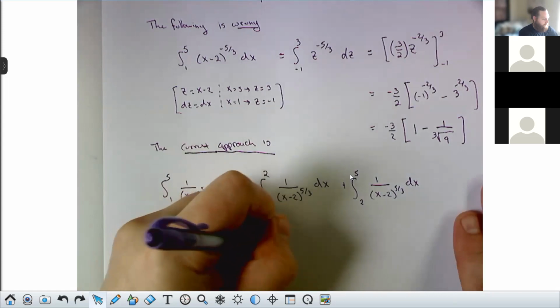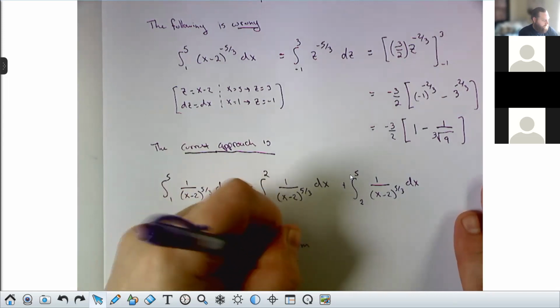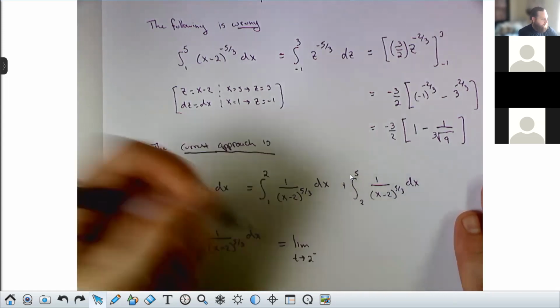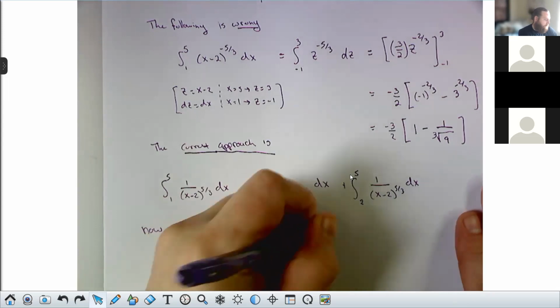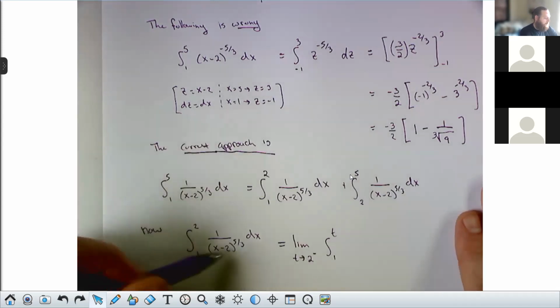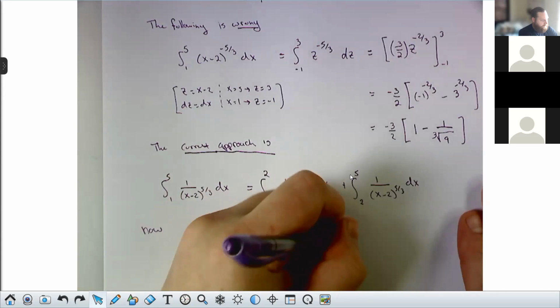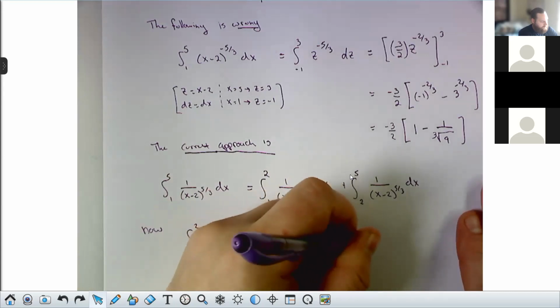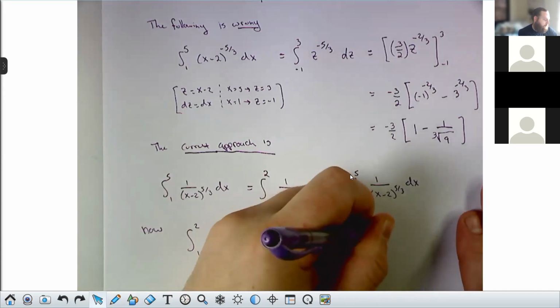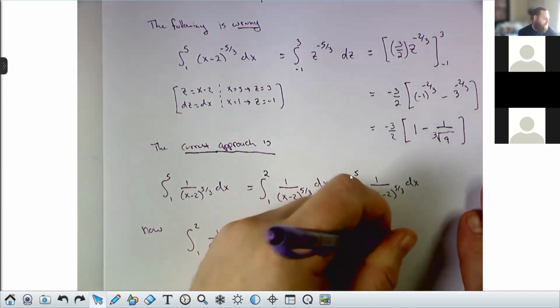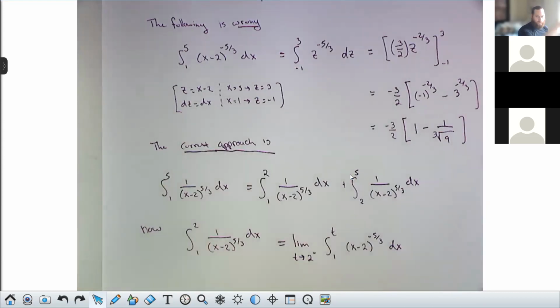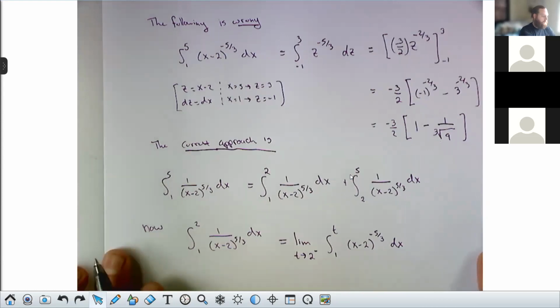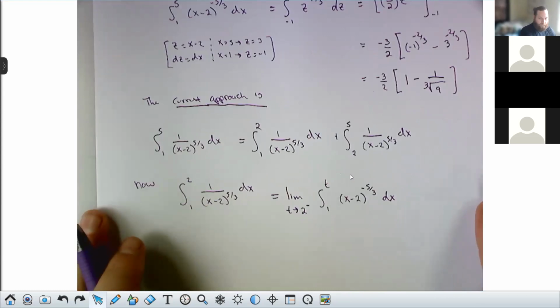So I can write this as the limit as t approaches 2 from the left, integral 1 to t, and then x minus 2 to the 5/3 downstairs is x minus 2 to the negative 5/3 dx upstairs. There's nothing wrong with the antiderivative work here. That was all fine. It was just not treating it as an improper integral. You need to be careful with these things.